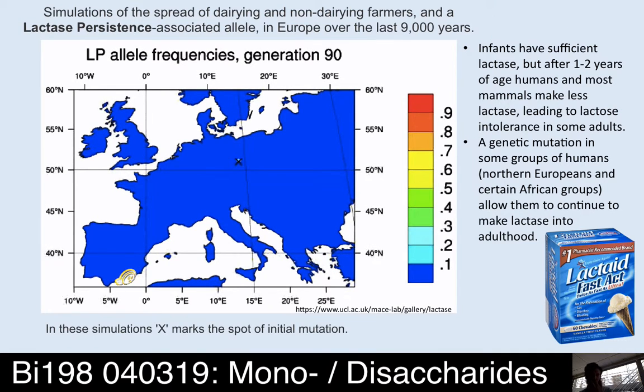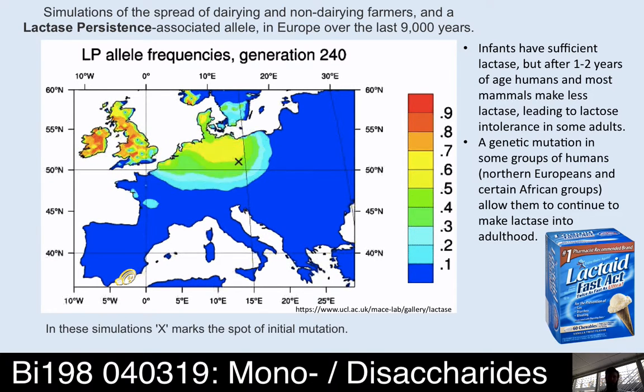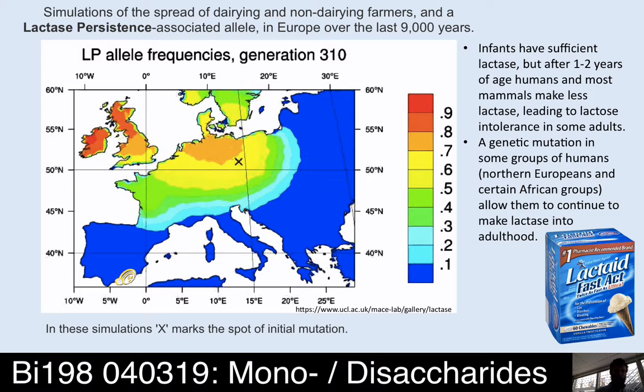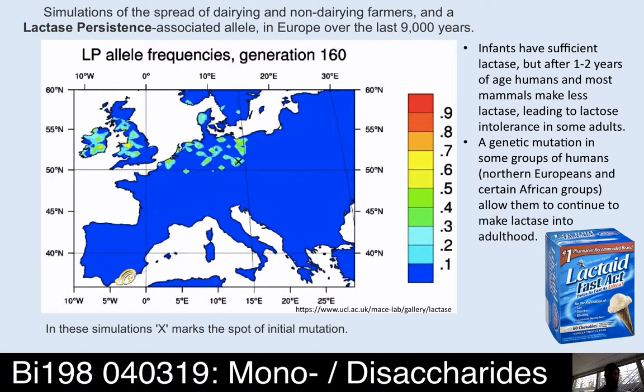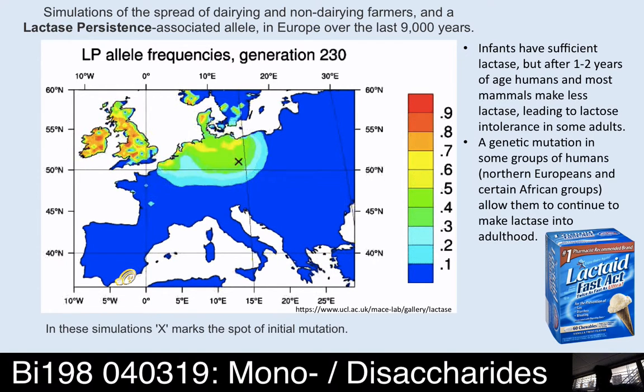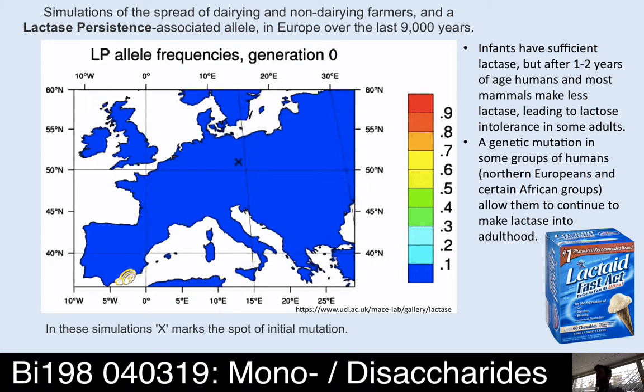So here is an interesting model. This is based upon genetic screening of all of these Europeans and their ancestral origins, tracing the occurrence of lactase persistence.